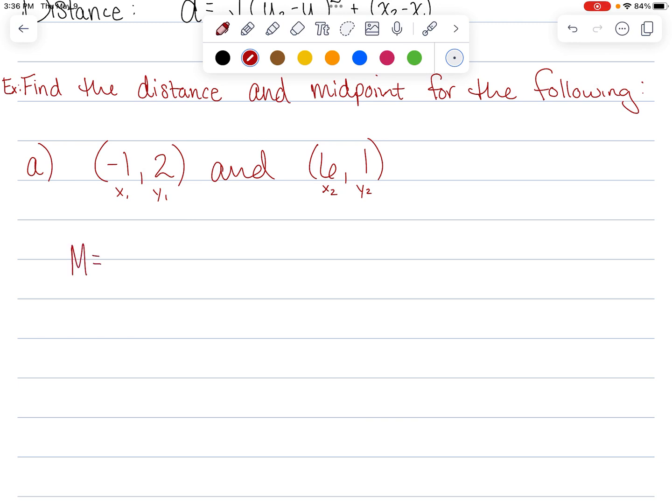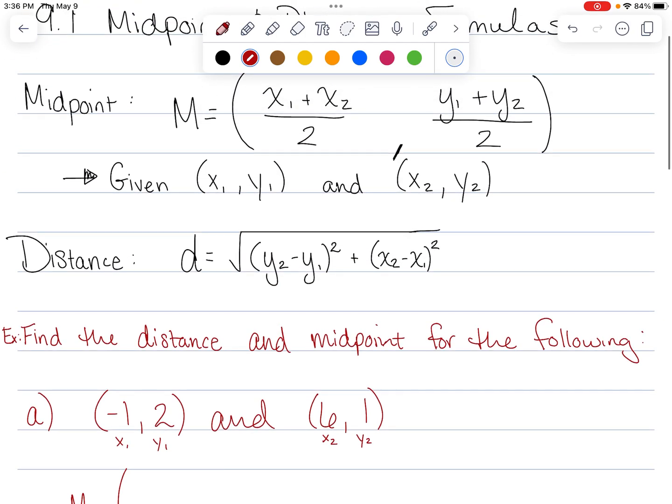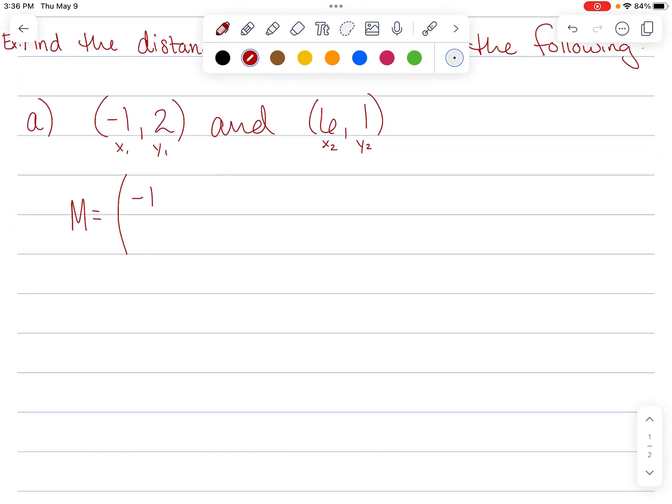So, now with the midpoint, the formula says add the x's, divide by 2. Then add the y's, divide by 2. Negative 1 plus 6 divided by 2, comma, it is a coordinate point, 2 plus 1 divided by 2. Close the parentheses, it's a coordinate point. Those parentheses do not go away.